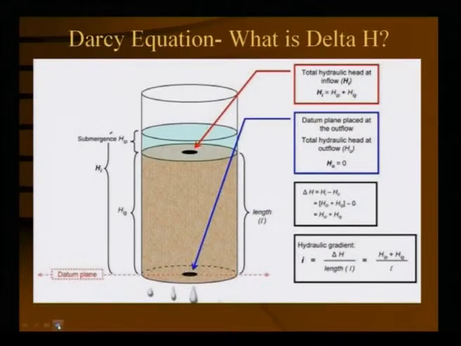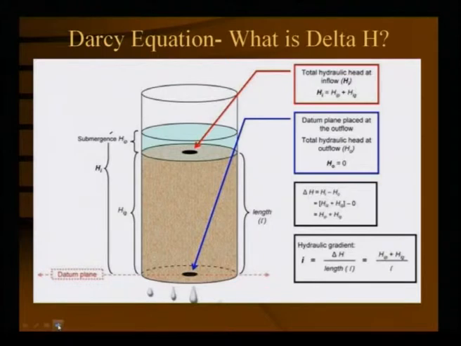What is delta H? If you look at the total hydraulic head at the point of inflow, say it is HI, that means HI rho plus HJP. What is HI rho?